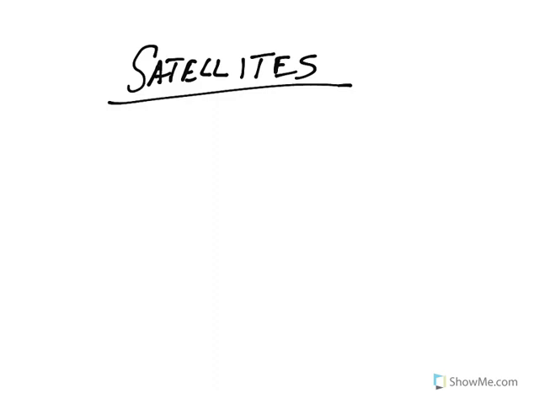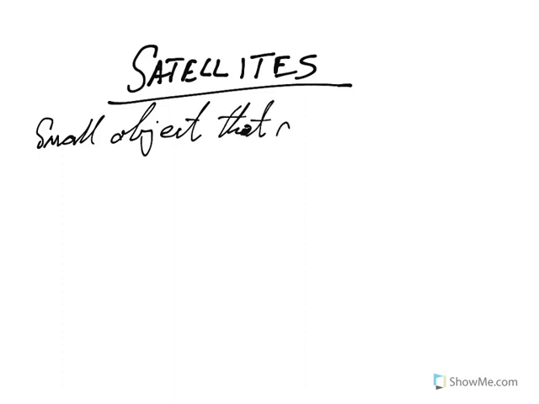So satellites, what is a satellite? Well, by definition it's a small object that orbits a large one. The Moon is a satellite around the Earth, the Earth is a satellite around the Sun, and then of course we've got communication satellites and all the rest of those sorts of things.